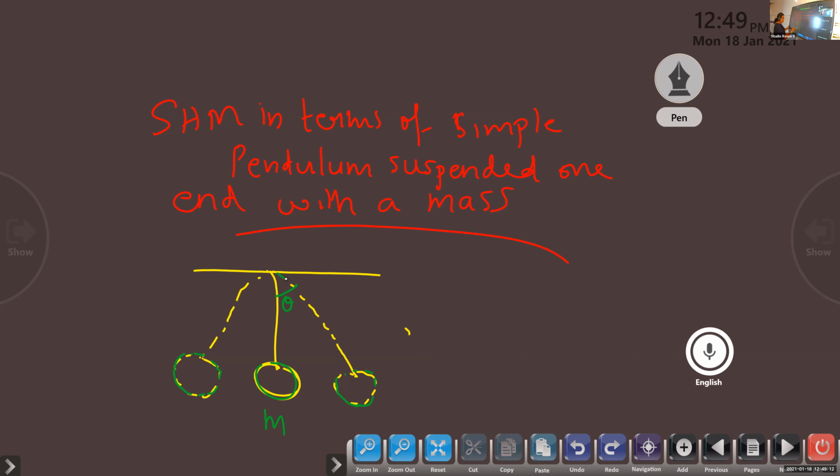Since the bob has a mass, it will experience a tension as it is hanging, and as it is oscillating, it is having a tension. And corresponding to that, you will have the weight of the bob, mg.